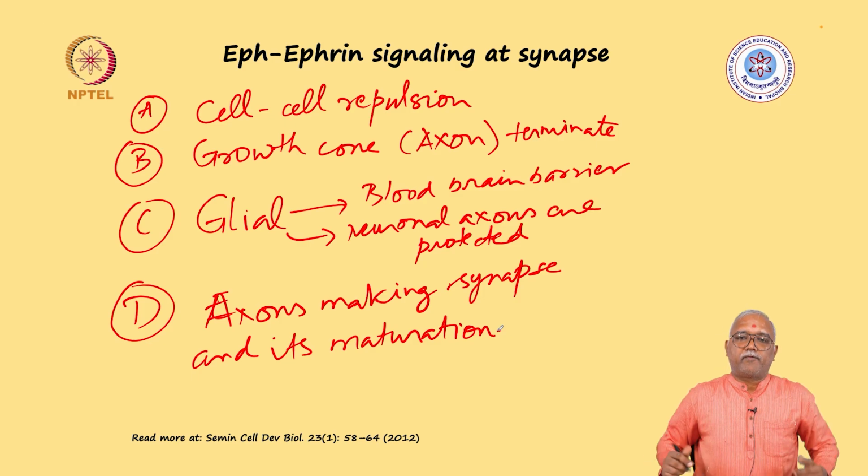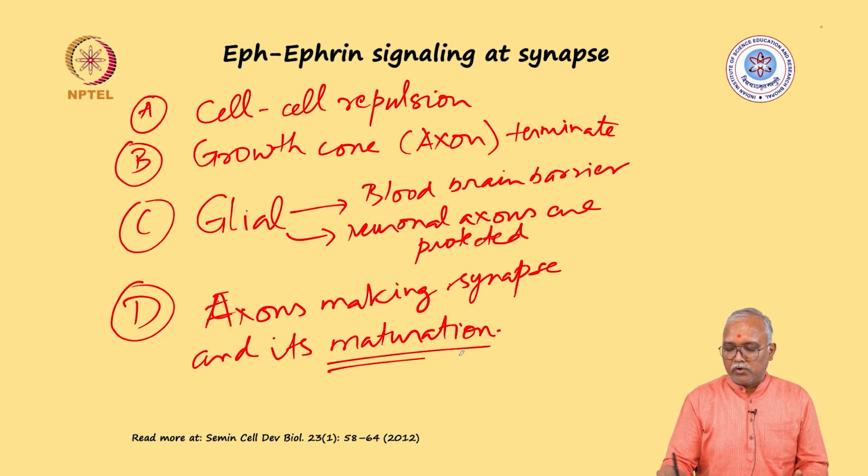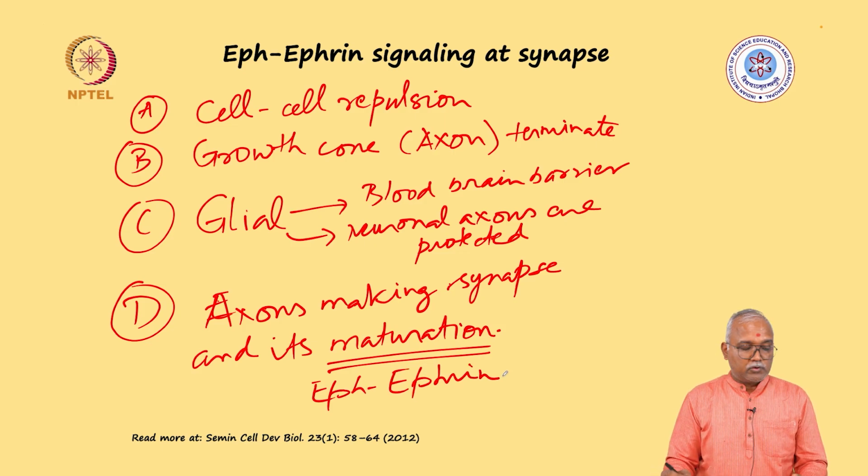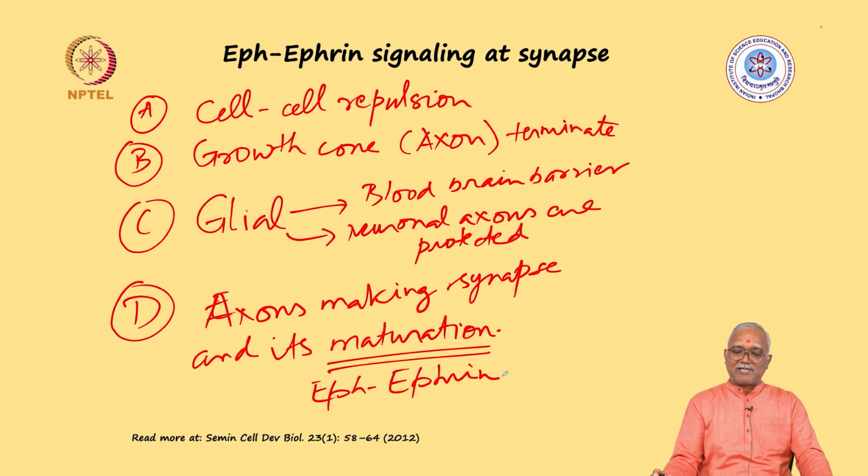If there is not enough input, the synapse may just collapse and may not exist. So for the maturation of the synapse, you will need Eph-Ephrin signaling.